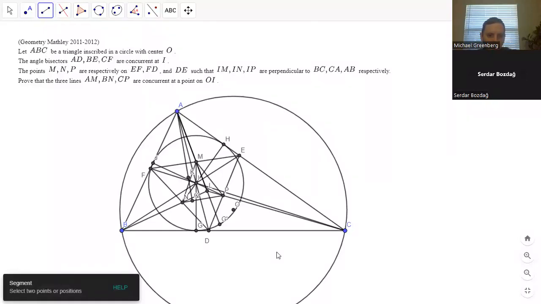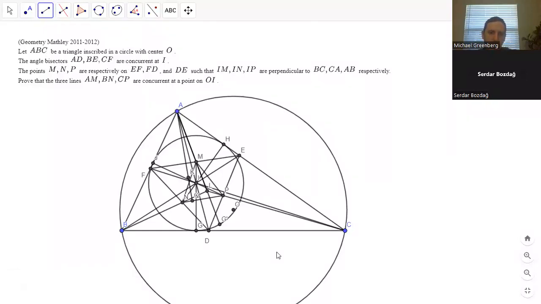If we know that, then G prime, H prime, and J prime is similar to ABC. Okay. So let me draw those.